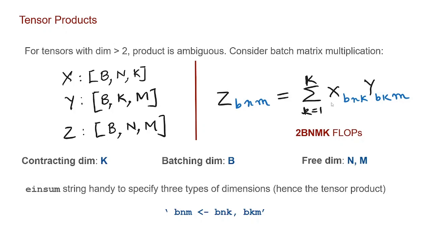One thing to note is that, usually to make this whole operation fast, to make reading these values from memory faster, it's better if the tensors are laid out in memory in such a way that K is the fastest varying. Whichever index is the contracting dimension should be the fastest varying in memory.